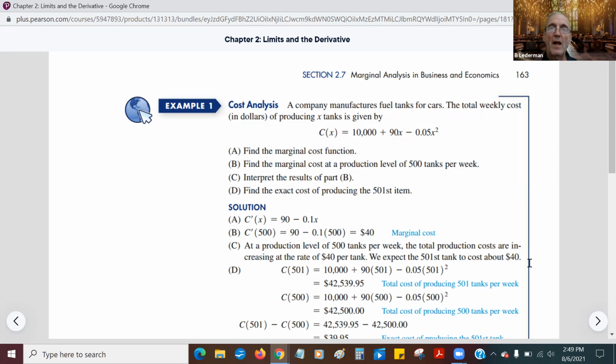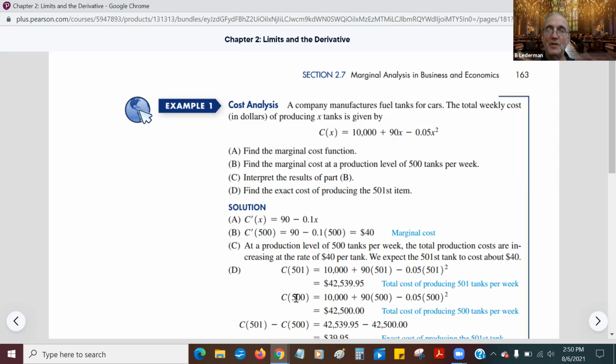Good to know. And C of 501 is equal to 10,000 plus 90 times 501 minus 0.05 times 501 squared, which is $42,539.95, but who's counting?